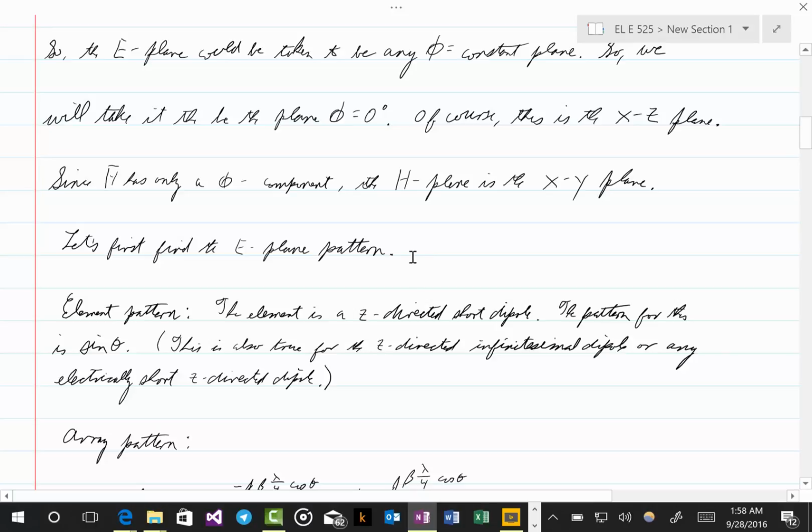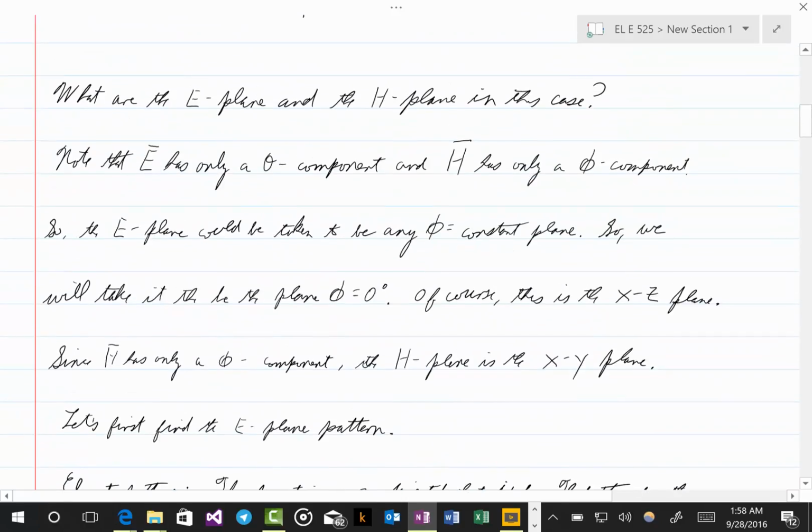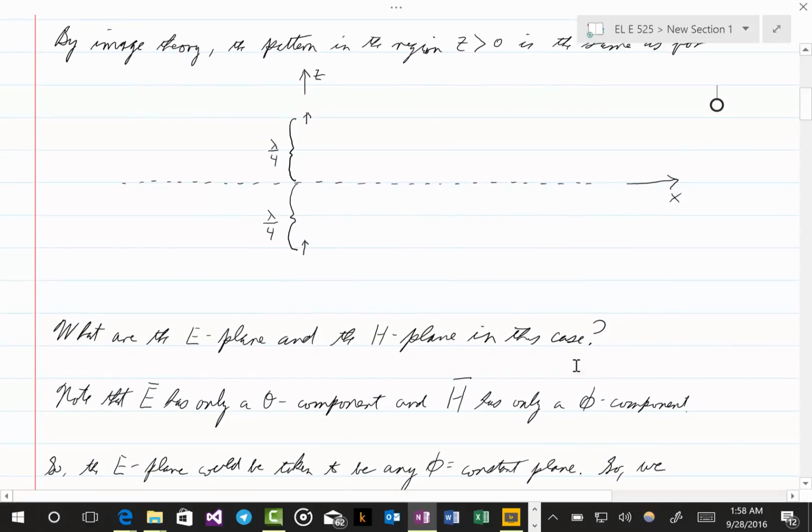Okay, so for the E plane, in other words the pattern in the XZ plane, which is the plane that we have drawn up here, we want the pattern in this plane. Remember, the idea of array theory is that you find the pattern for an element and then multiply that by the array factor to get the complete pattern.